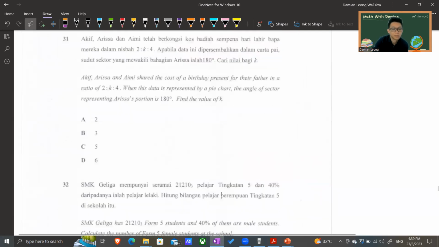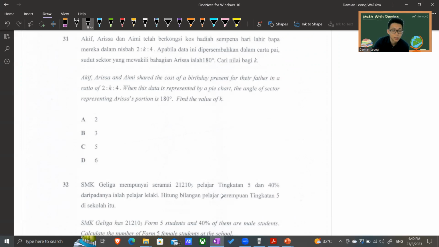Then question 31. Akif, Arisa, Aimi shared the cost of a birthday present for the father in a ratio 2 to k to 4. When this data is represented by a pie chart, angle of sector representing Arisa's portion is 180 degrees. I want to find the value of k. So Arisa is 180 degrees.